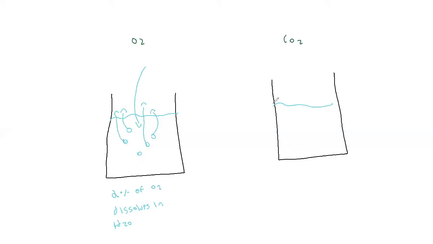CO2, on the other hand, is polar. I'm not sure exactly how much dissolves, but most of it dissolves, plus reacts in H2O. So CO2 plus H2O is going to form H2CO3, which is carbonic acid.